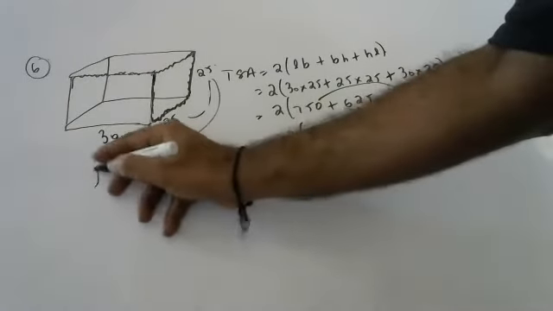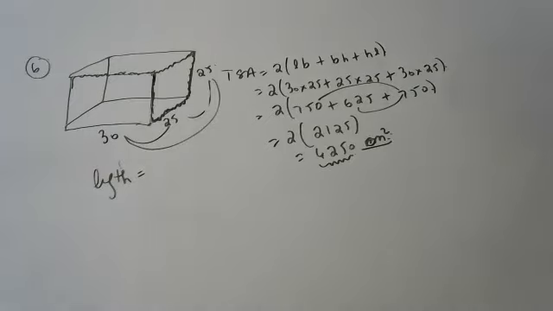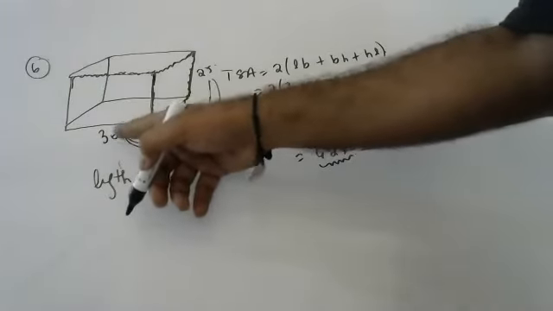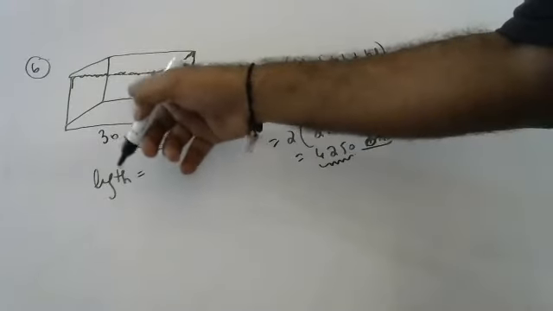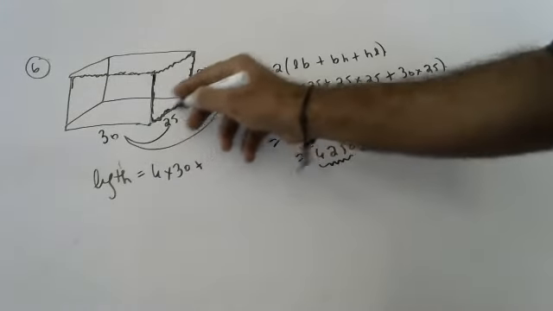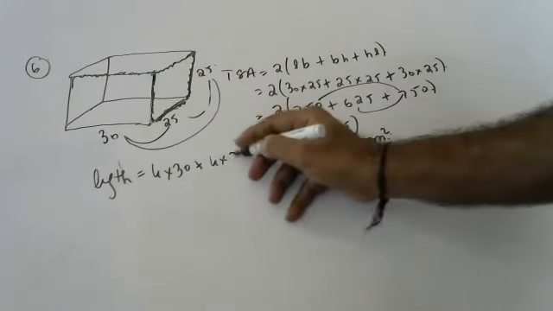So the total length of the tape required to stick it, children. How many 30s are there? 4 30s are there. Tell me, children, how many 25s are there? 4 25s are there.